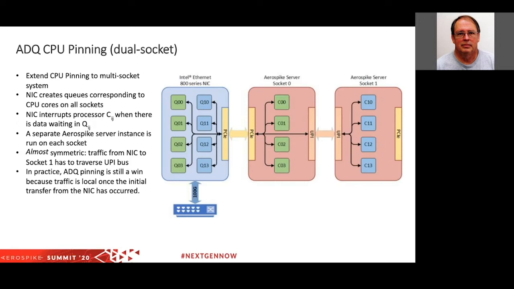Okay, this is a little bit more complicated example. This shows a dual socket configuration. There are two things that have changed. One is that this gets into the pinning. Notice now there actually are two separate instances of Aerospike server running on this host, and each of those is configured to be associated with the cores in one socket.